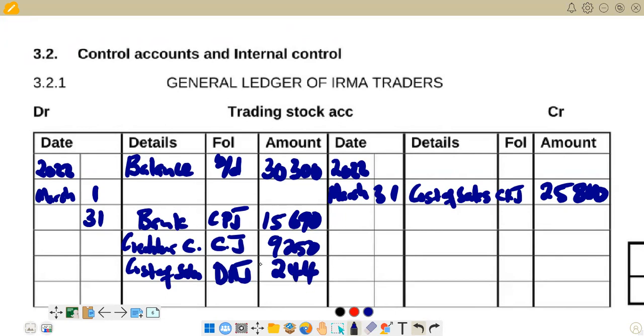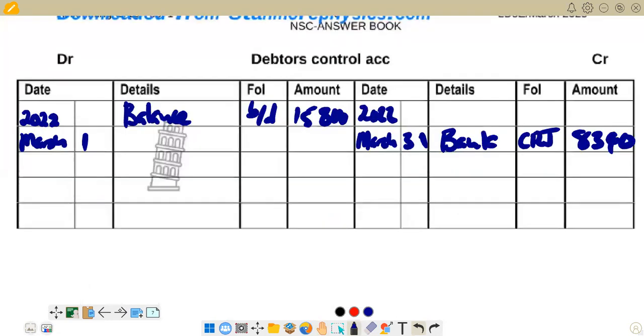Then we go now to the debtors control. At debtors control, we are now using the selling price, which is 432, and we are going to the credit side, remember. And on details, we are saying debtors allowance, so we can just say debtors, and the A is representing our allowance, and this is coming from the debtors allowance journal.